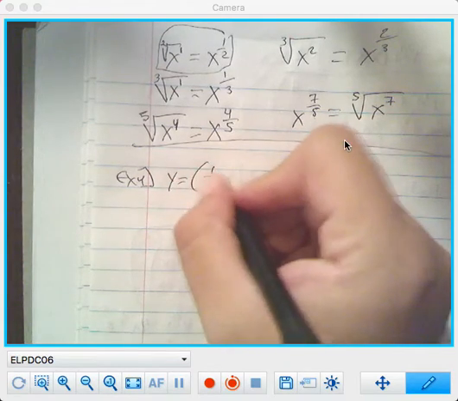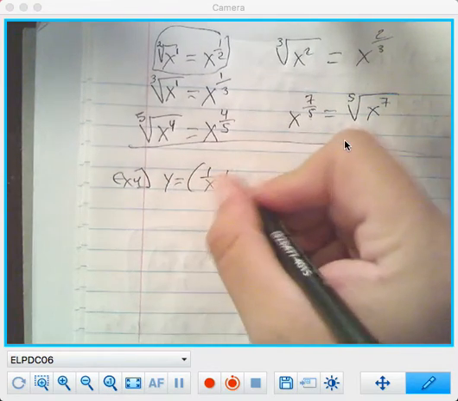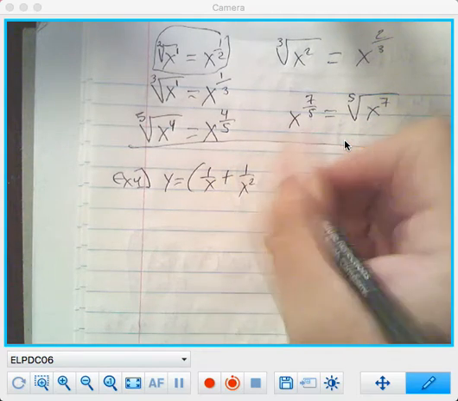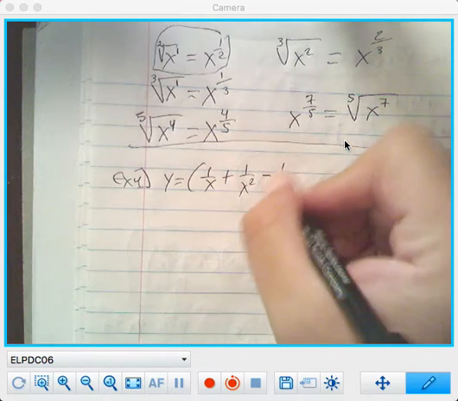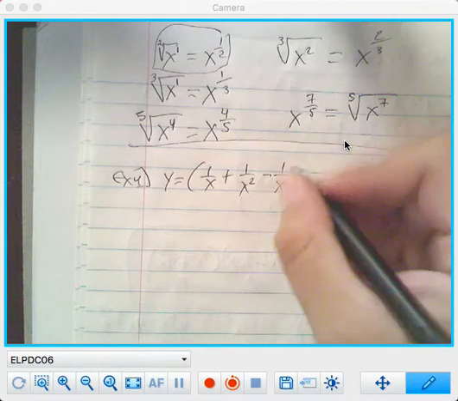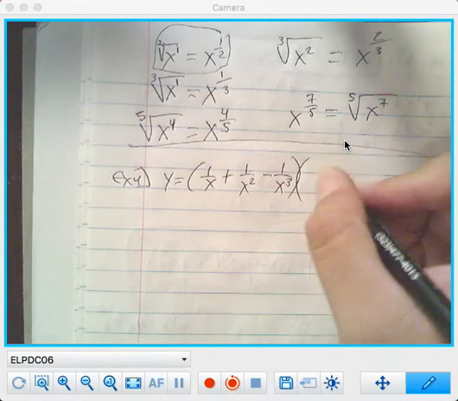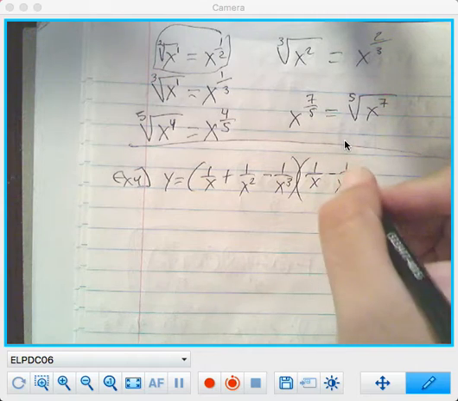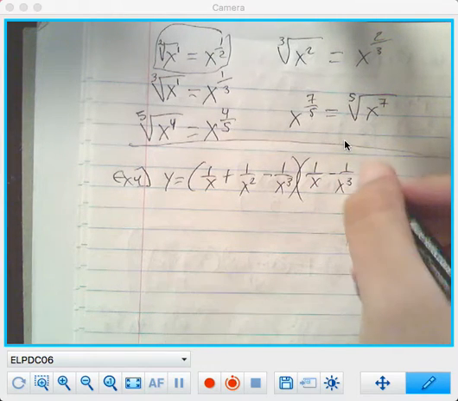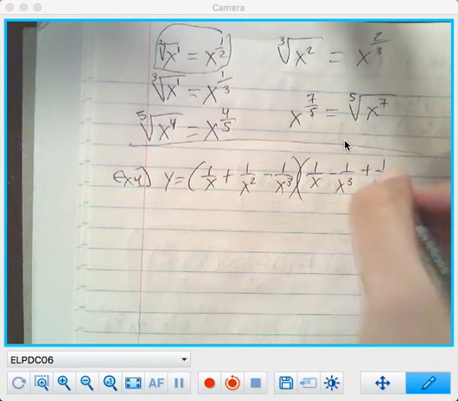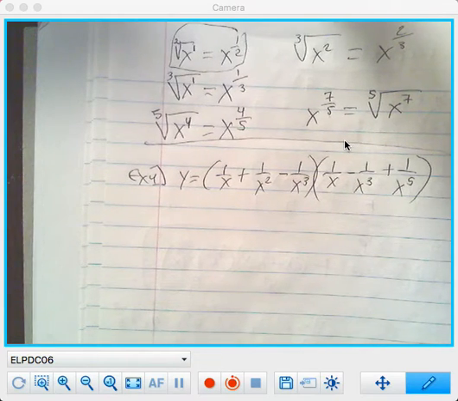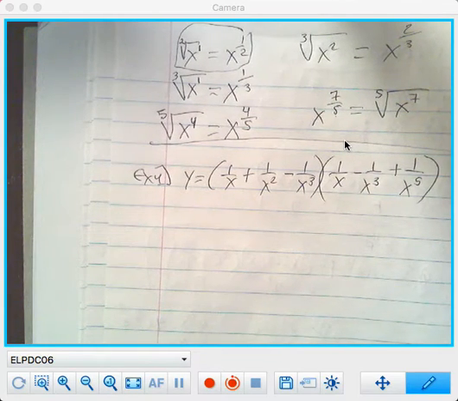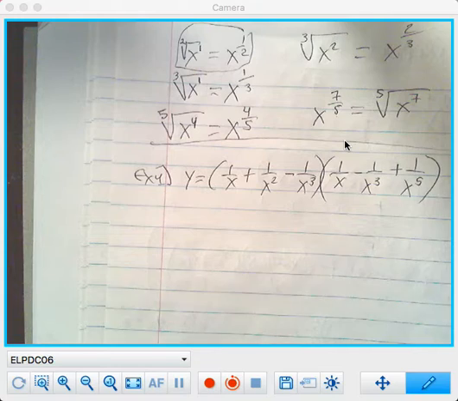So I have 1 over x plus 1 over x squared minus 1 over x cubed, times 1 over x minus 1 over x cubed plus 1 over x to the 5. Okay, so this is a purposely difficult problem.